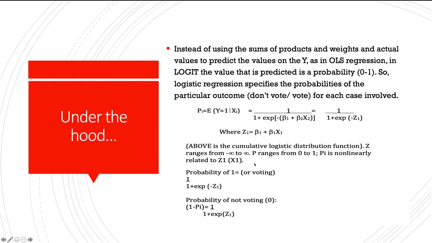But again, remember, we're looking at probabilities here versus the probability of not voting or getting a score of 0 on that dependent variable. Okay, I'm not testing you on this basic formula, but just so you know, this is known as a very simple probability or maximum likelihood estimation.